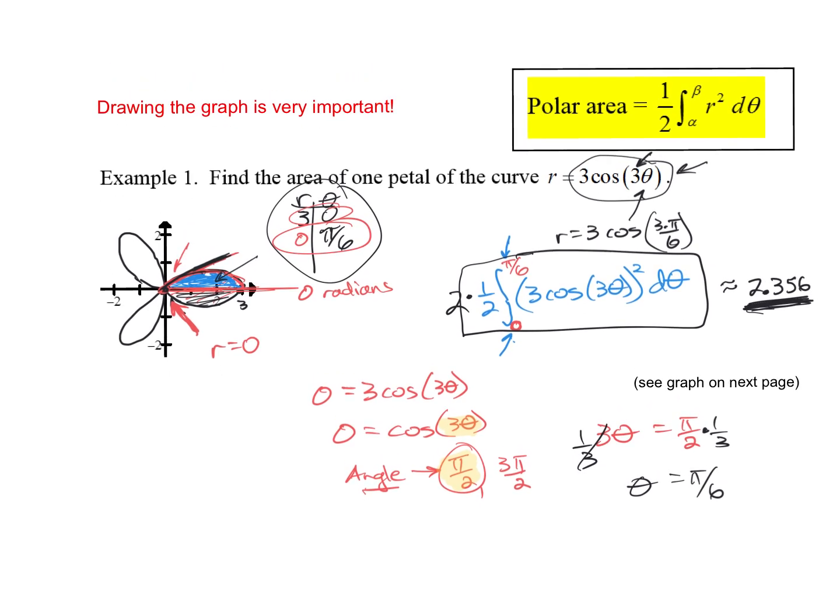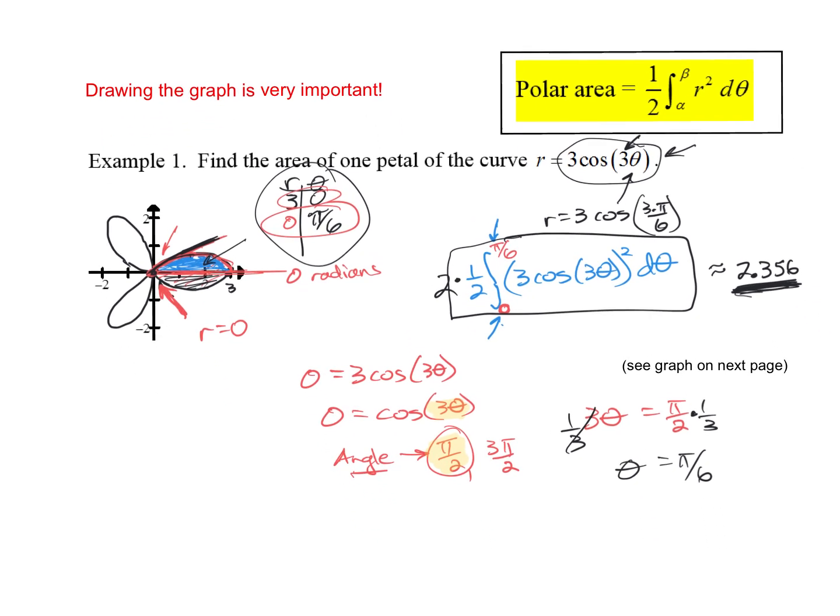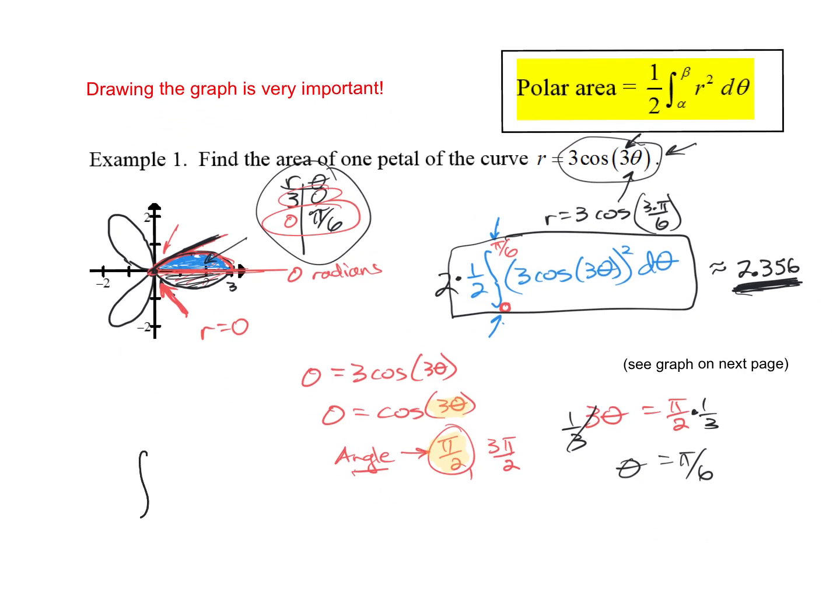All right, so we were talking in class today about this, and one of the students said, well, couldn't I just find the area of the entire thing, go from 0 to 2pi? And if I go from 0 to 2pi, wouldn't it give me the area of all 3 petals? And then I could just divide it by 3.